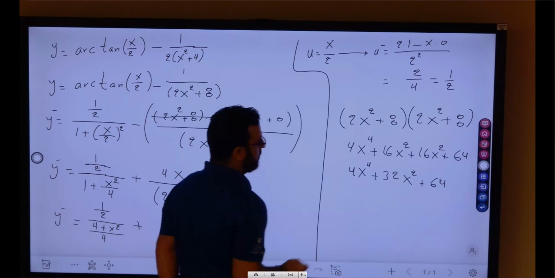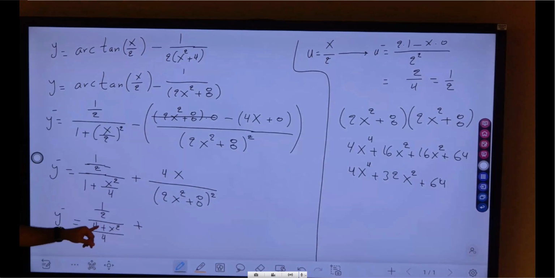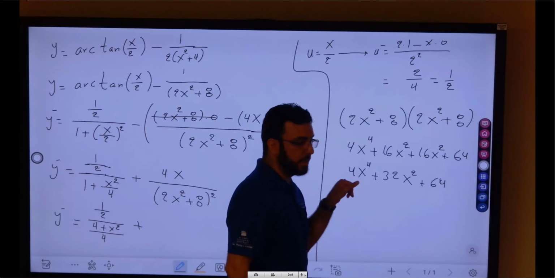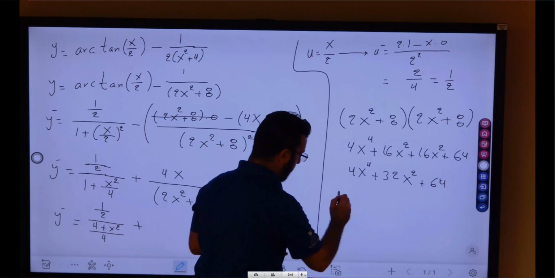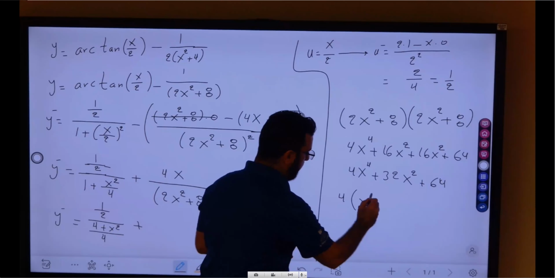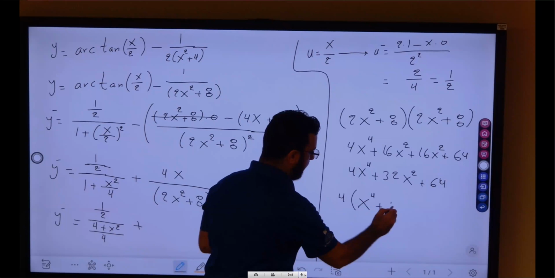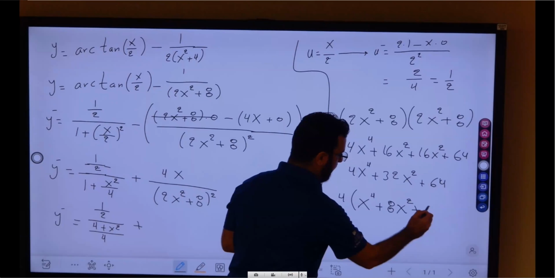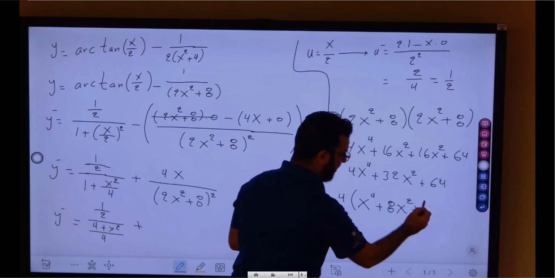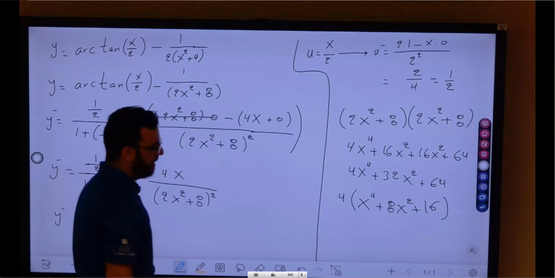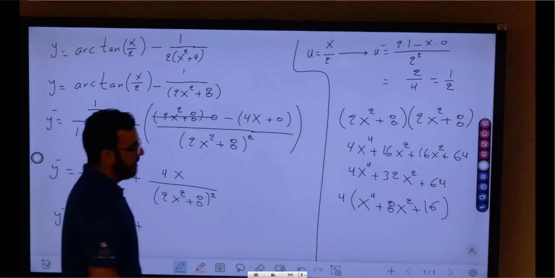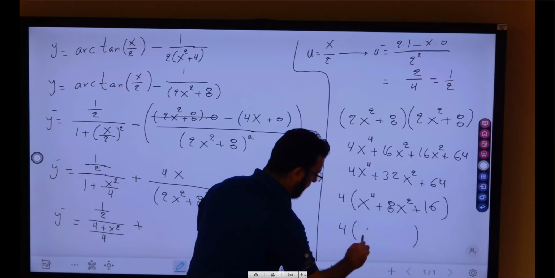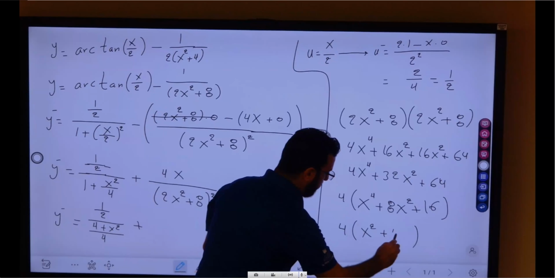Now check what I'm going to do. Can I take a 4 as a common factor? Yes. So here is the 4. What's left? x to the 4th plus 8x squared plus 16. Okay? Then I write down everything here as x squared plus 4 squared.